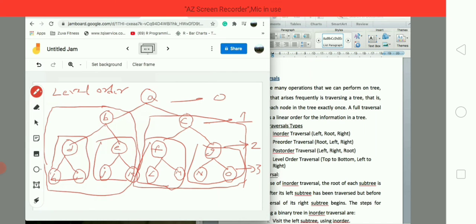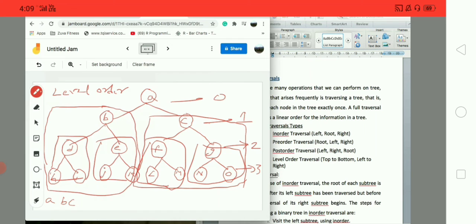Here the topmost level is 0. In level 0 we have only one node, that is A. After that we have another level called 1. Here we have 2 nodes, B and C, but we have to go from left to right, and here the left node is B and the right node is C. So level 1 is finished.